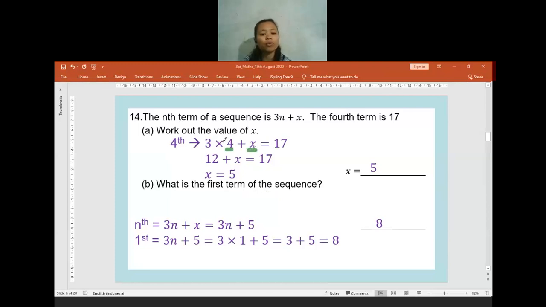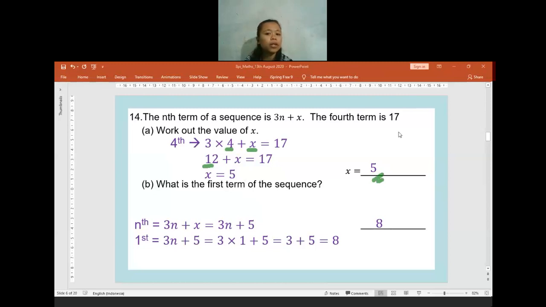So for the fourth term, we have 3 times 4 plus x, which equals 17. 3 times 4 is 12, so 12 plus x equals 17. 12 plus what number equals 17? The answer is 5.